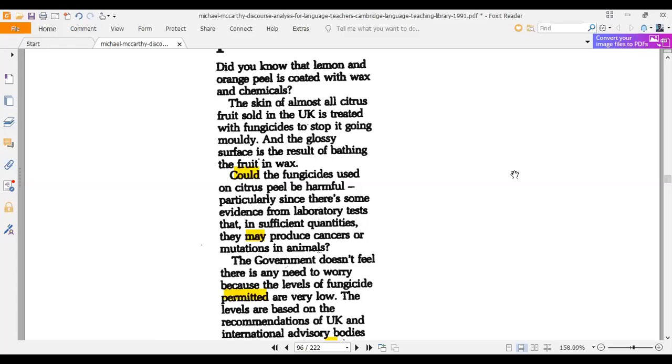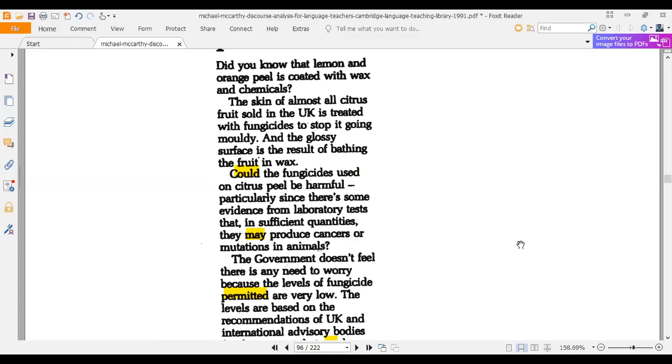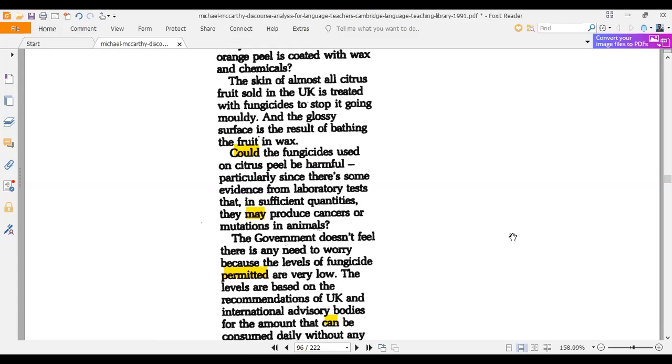So here you can see that some words are highlighted because they have modal meanings. Therefore, we mention these words as modals from the context.